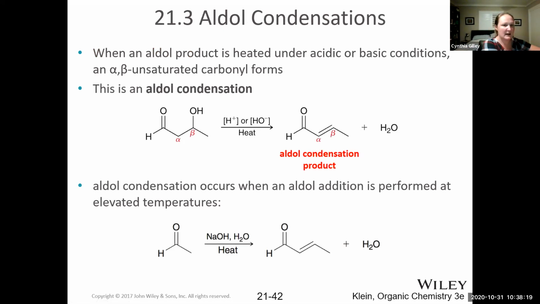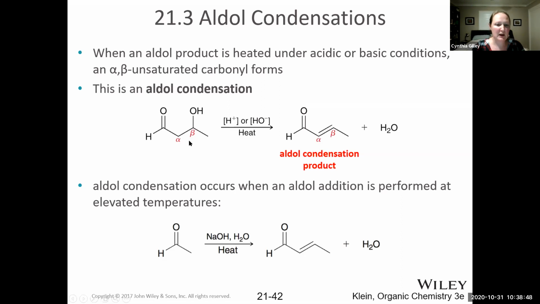Okay, so now let's talk about the aldol condensation reaction. Recall we were just talking about the aldol addition reaction, which produced the beta hydroxy aldehyde. So an aldol condensation forms when you heat the reaction mixture. So note that before, when we were doing the aldol addition reaction, we just used sodium hydroxide without any heat.